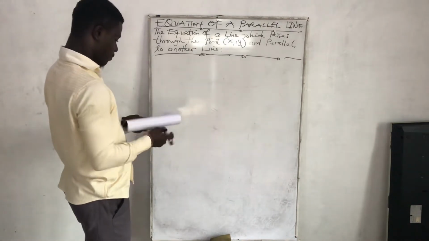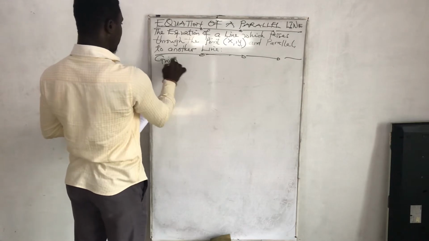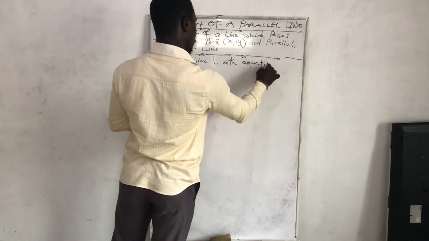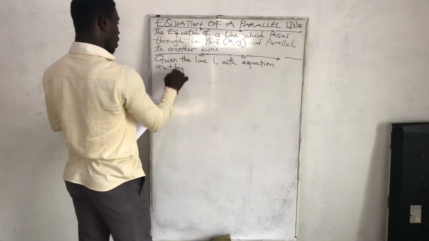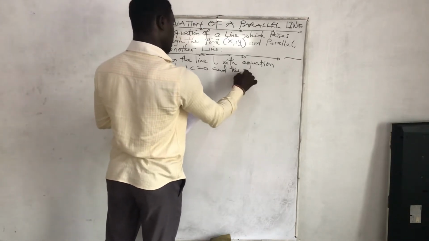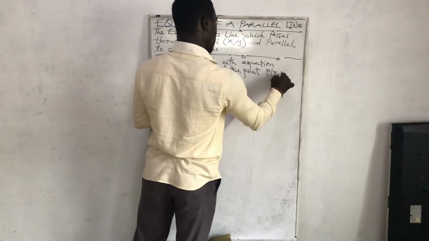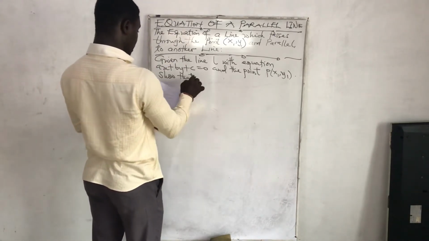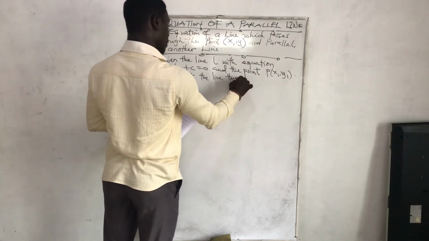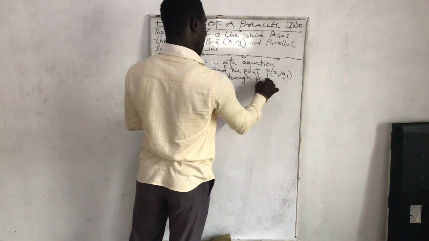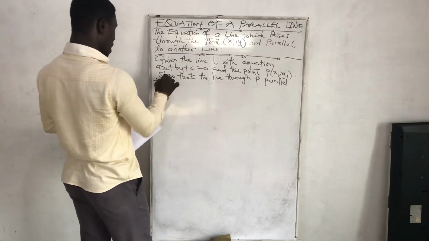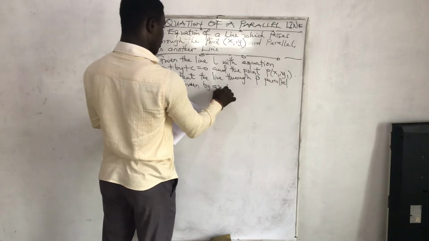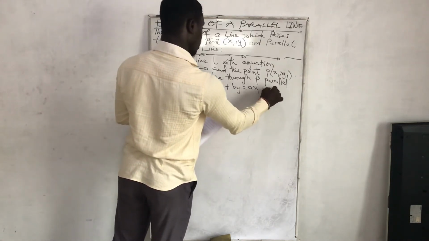Given the line L with equation ax plus by plus c equal to 0 and the point P(x1, y1), show that the line through P parallel to L is given by ax plus by equals ax1 minus ay1.